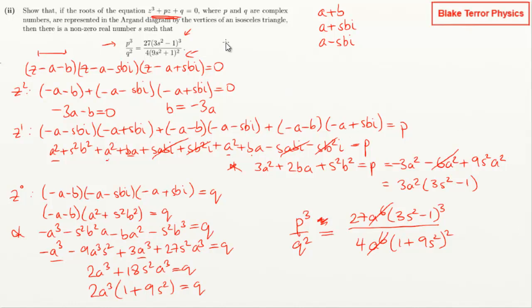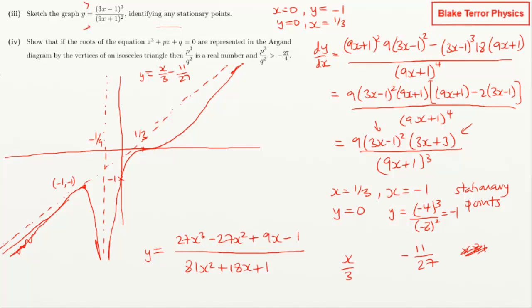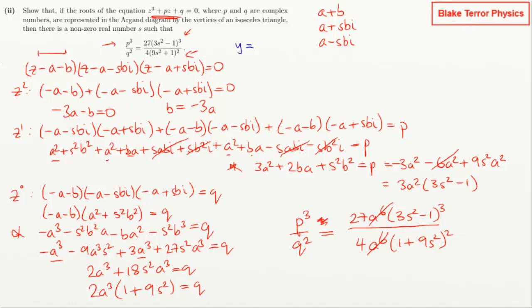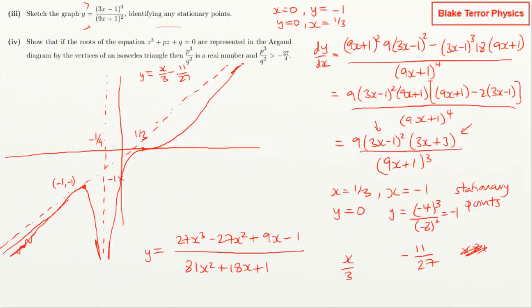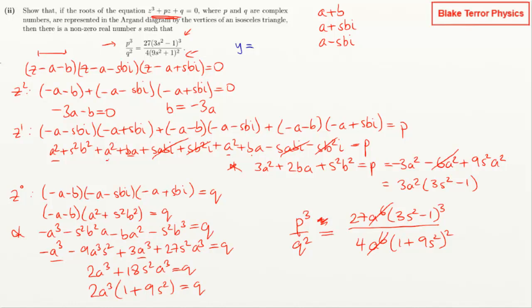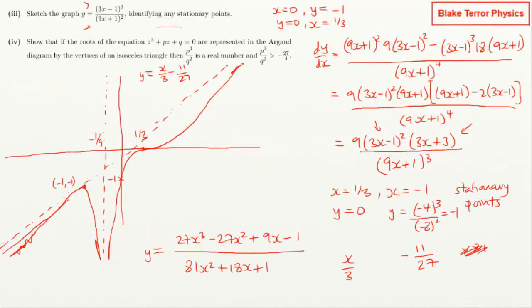Let's put some stuff in blue here. So this is our y, because that's what we called y, isn't it? That's what we've just drawn, but without the 27 over 4 bit. Yes, and they've changed s squared to x. Okay, so y was all of that bit. So 27 over 4, and they've changed s squared to x squared.